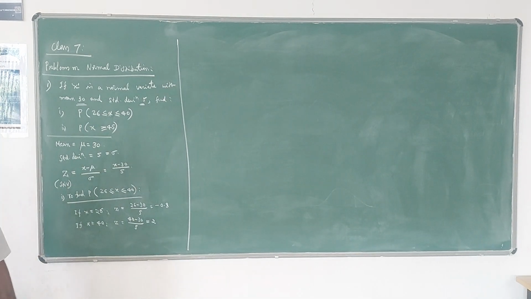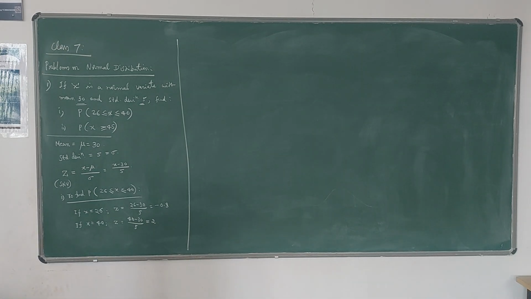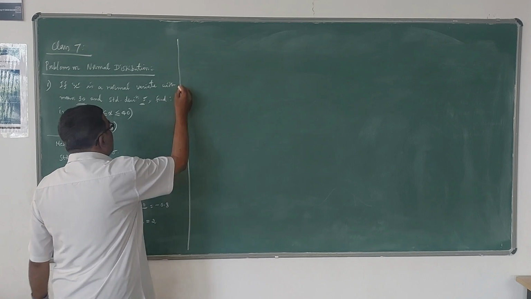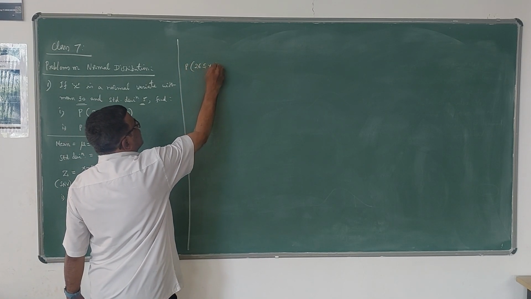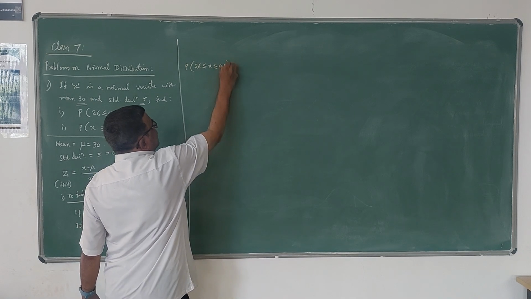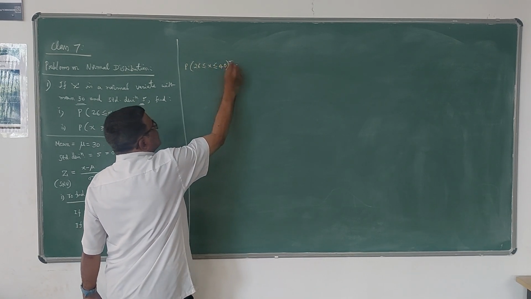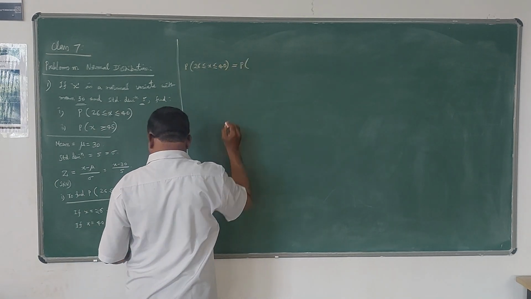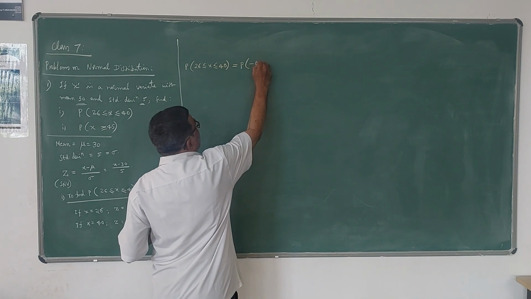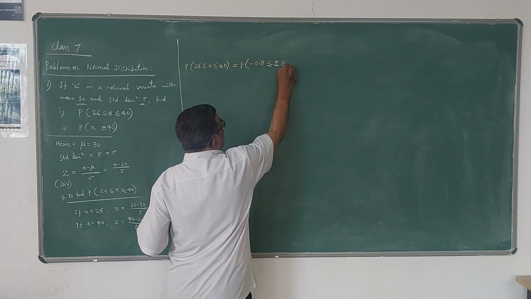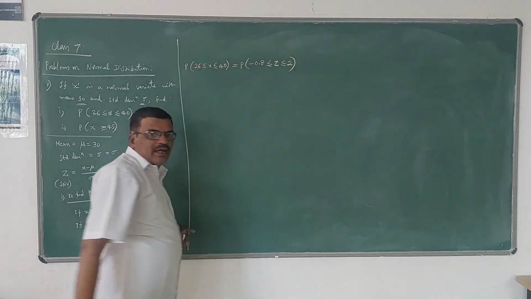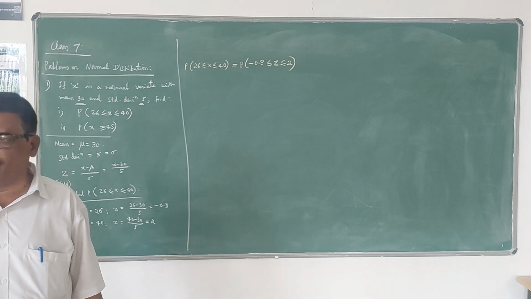Now P of 26 less than or equal to x less than or equal to 40 is the same as P of minus 0.8 less than or equal to z less than or equal to 2. I am changing x to z.